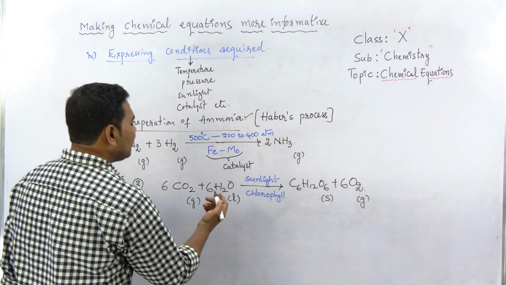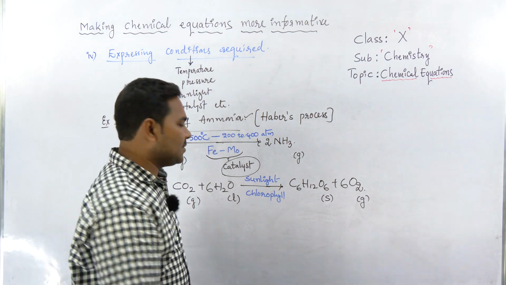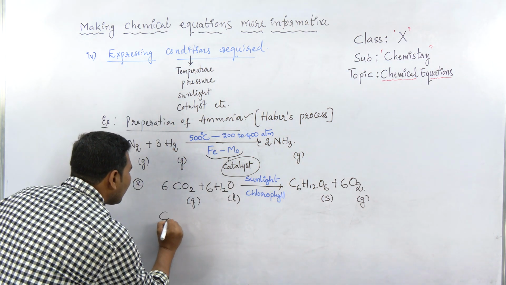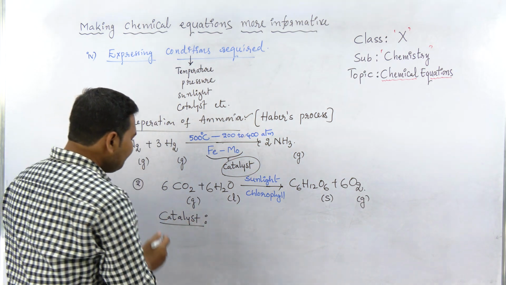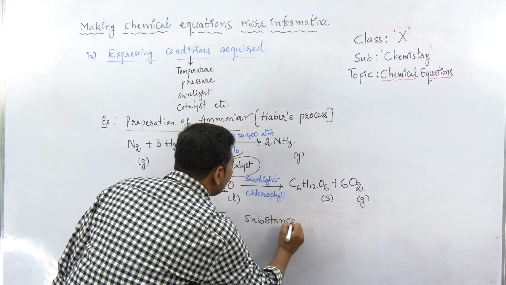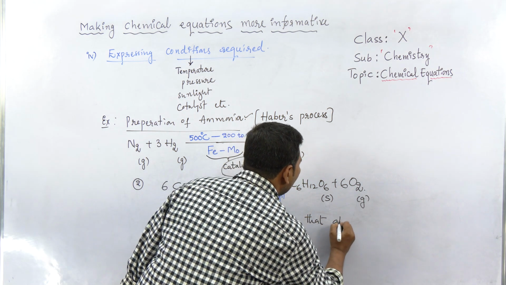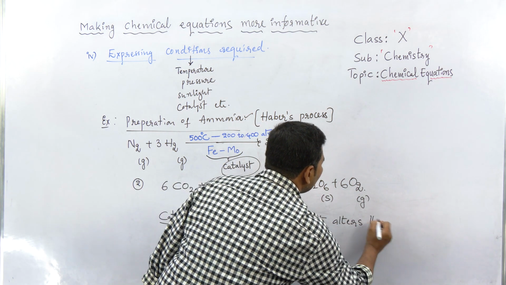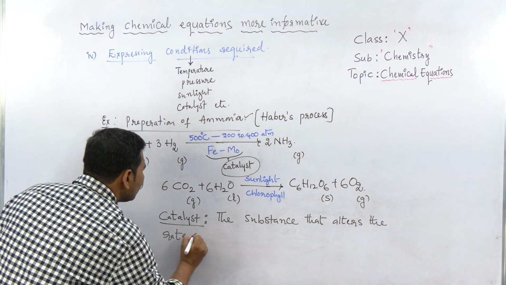So here I would like to give you the meaning of catalyst. It is very important for board exams, right? Let me write catalyst. What is a catalyst? A catalyst is a substance that alters, means changes, the rate of reaction.